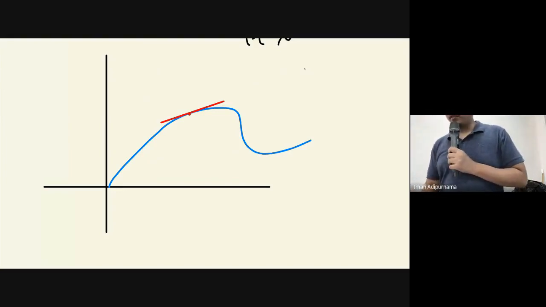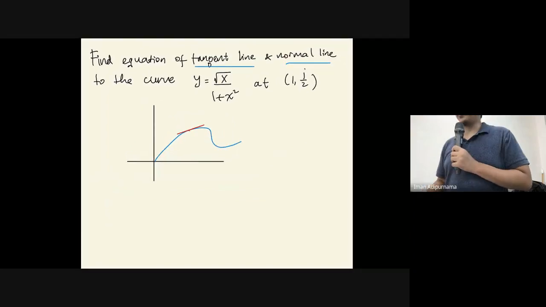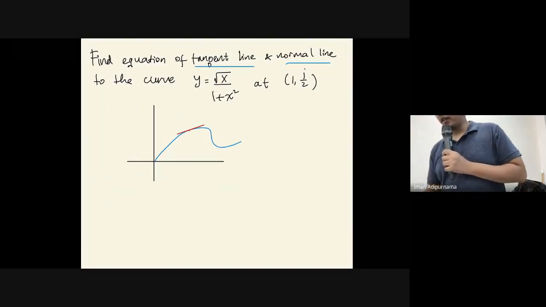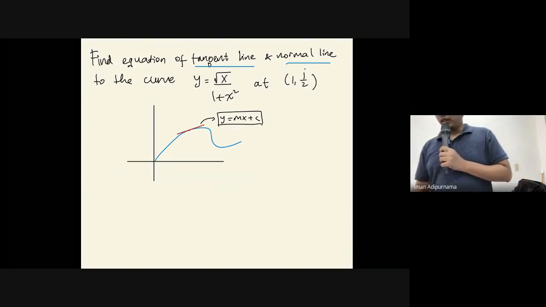Whenever the question asks for the tangent line, you need to find the linear equation for it. The tangent is actually the gradient, right?